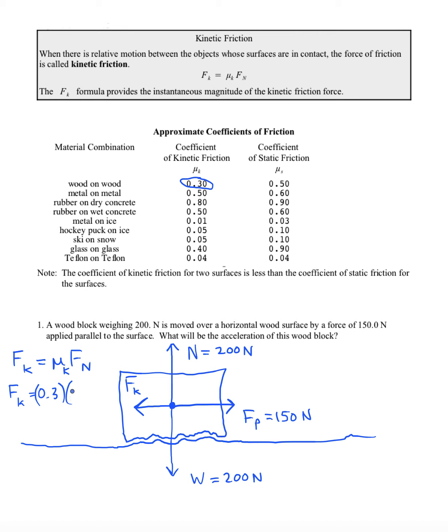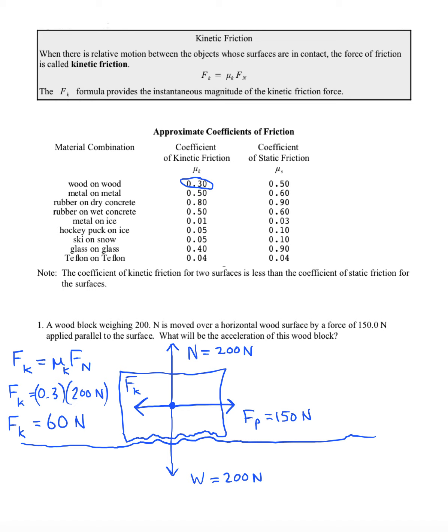So for our block, that's going to be 200 newtons. And that should make sense, that the more force or pressure there is between the surfaces, the more difficult it could be to slide one surface across another. Alright, according to the calculations here, our frictional force is going to be 60 newtons.